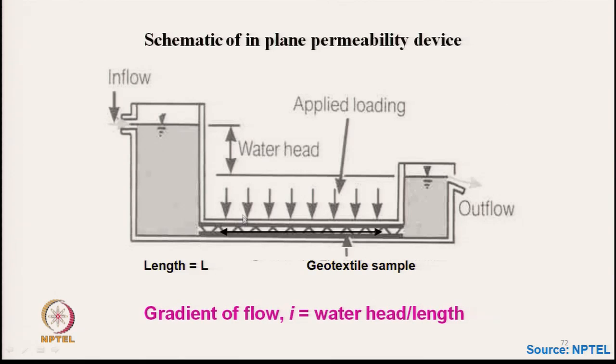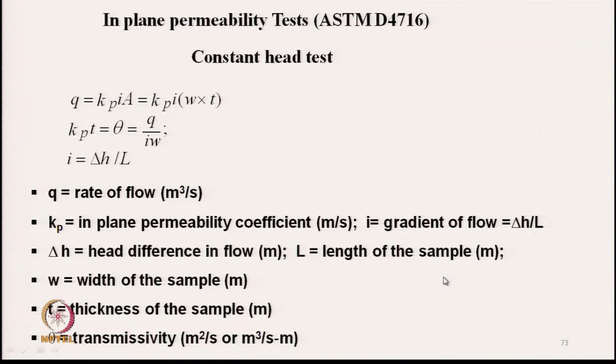and the gradient of flow I is equal to water head divided by the length of travel, and we can measure the permeability by using a similar formula here, where Q is the rate of flow in cubic meter per second, Kp is the in plane permeability coefficient in meter per second, I is the gradient of flow as I have mentioned, delta H is the head difference, L is the length of the specimen, W is the width of the sample, and T is the thickness.